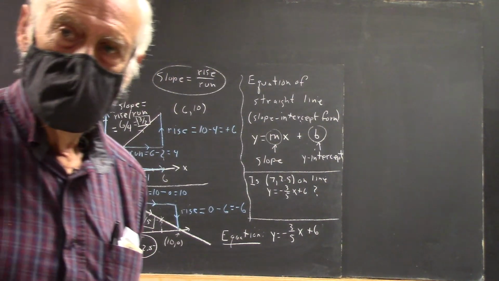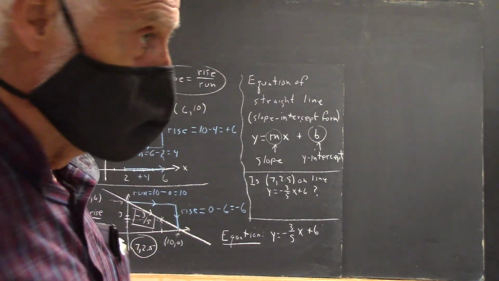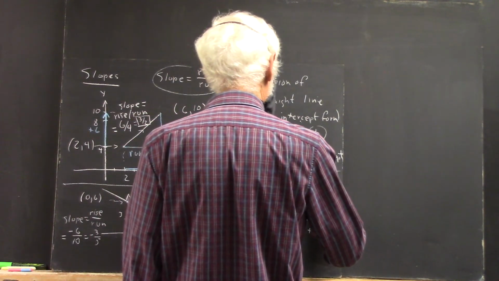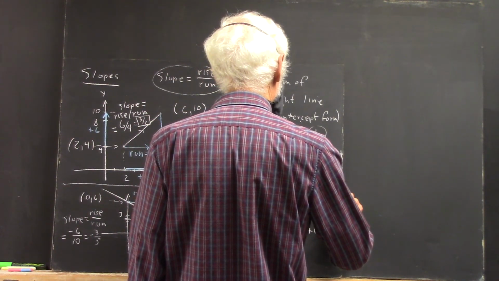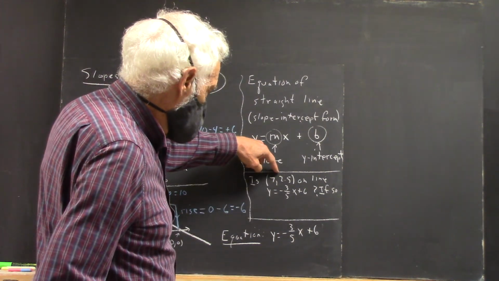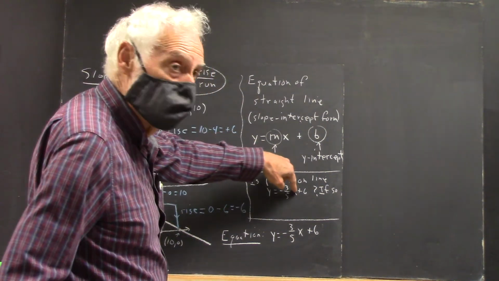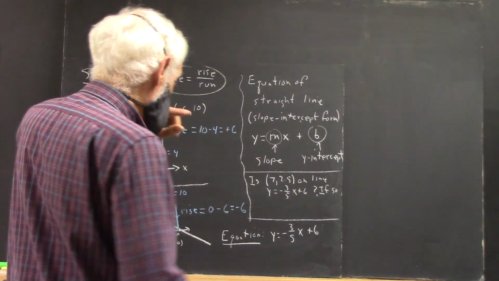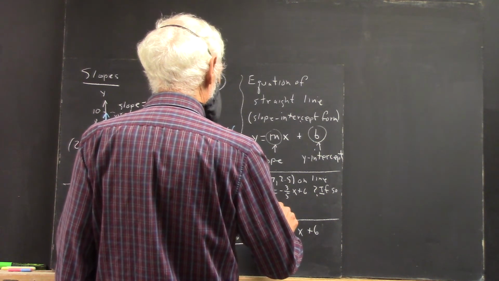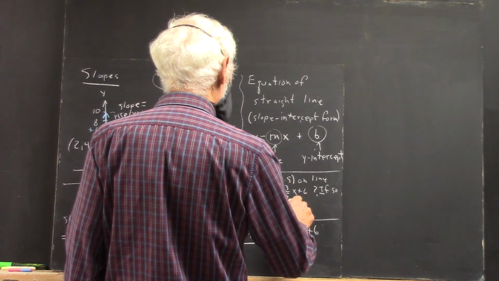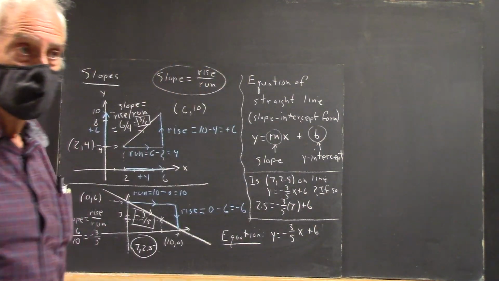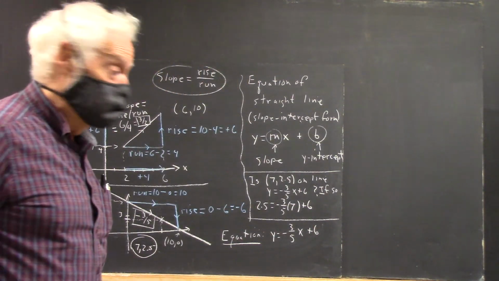So this is what you're going to do with your point. Plug in 2.5 for y and 7 for x. If so, then 2.5 is equal to negative 3/5 of 7 plus 6. Is it so?